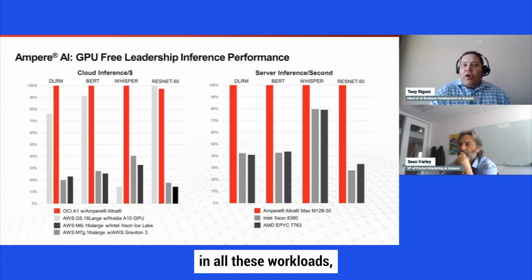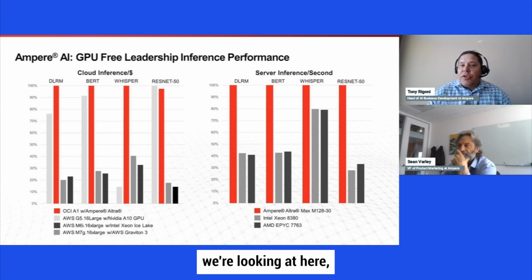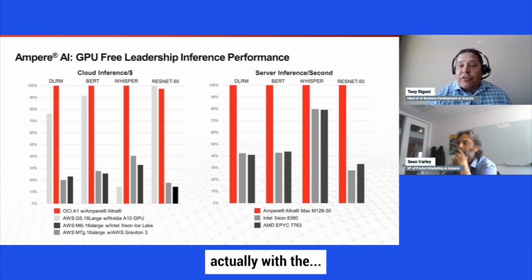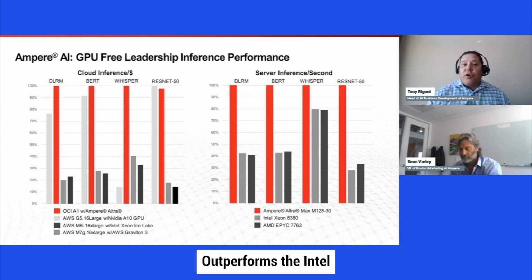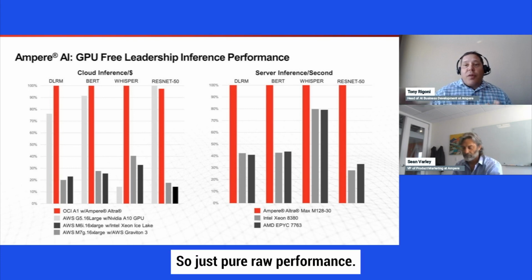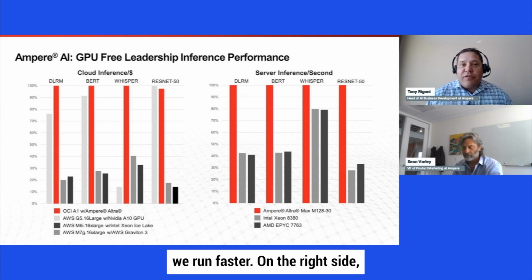In all these workloads, the Ampere Ultra outperforms the Intel and x86 architecture that's out there. So just pure raw performance, we run faster.